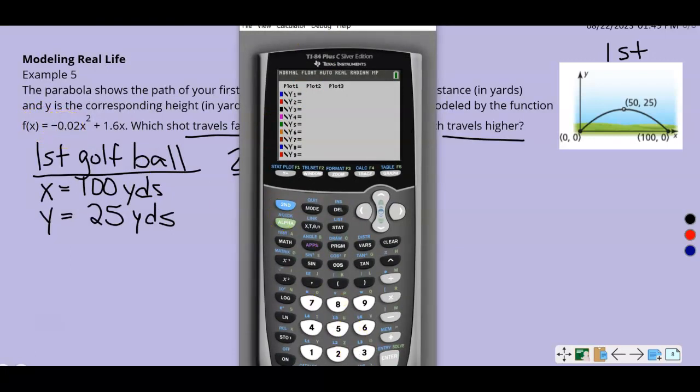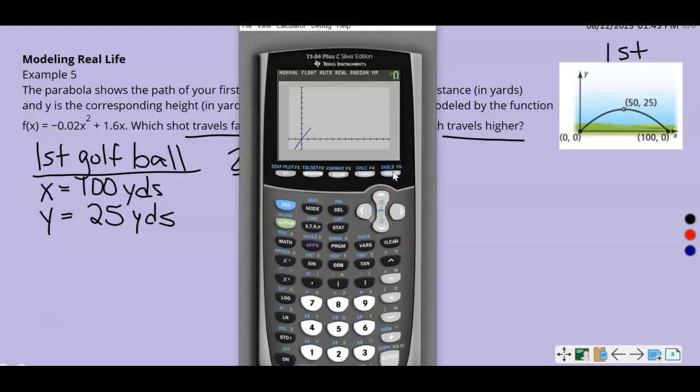So we have negative 0.02 x squared plus 1.6 x, and then I'm going to hit graph.